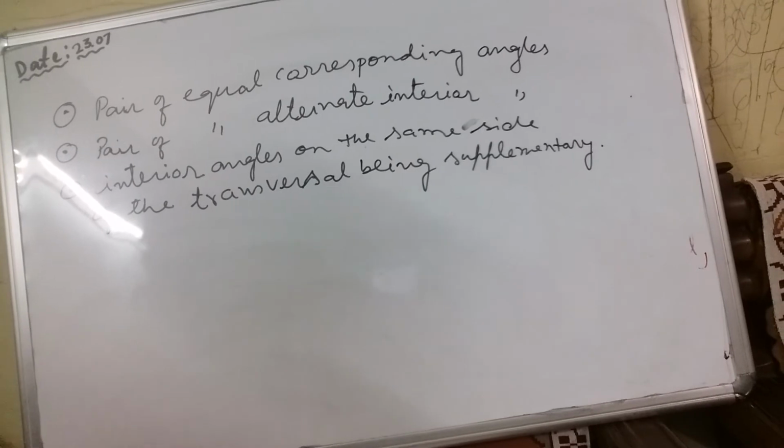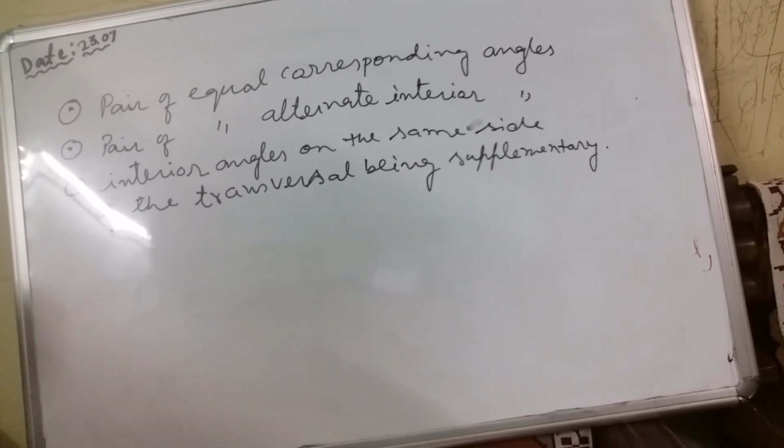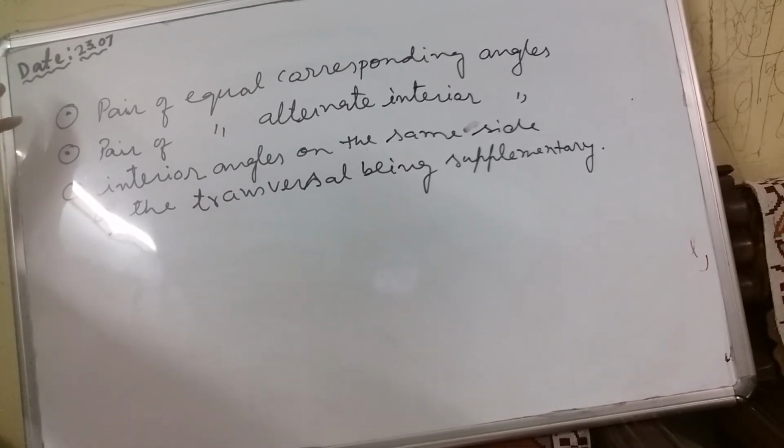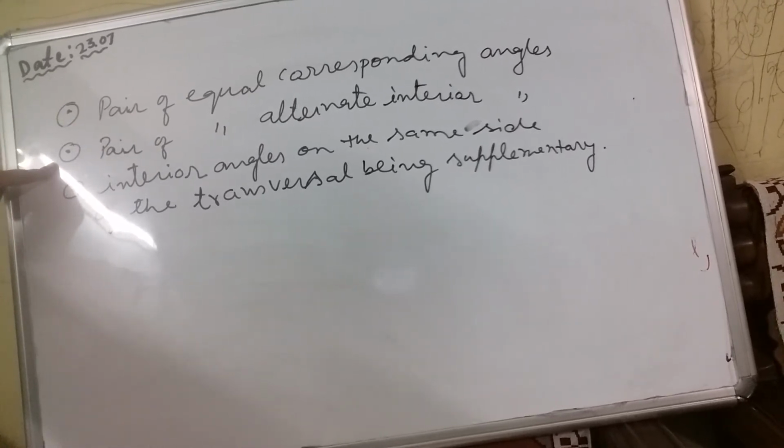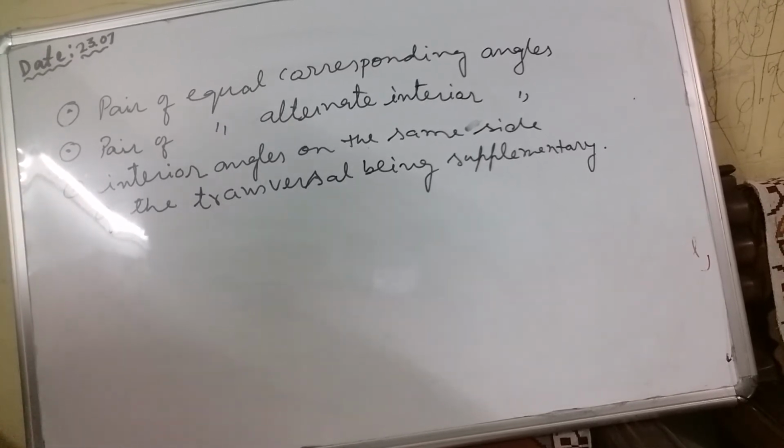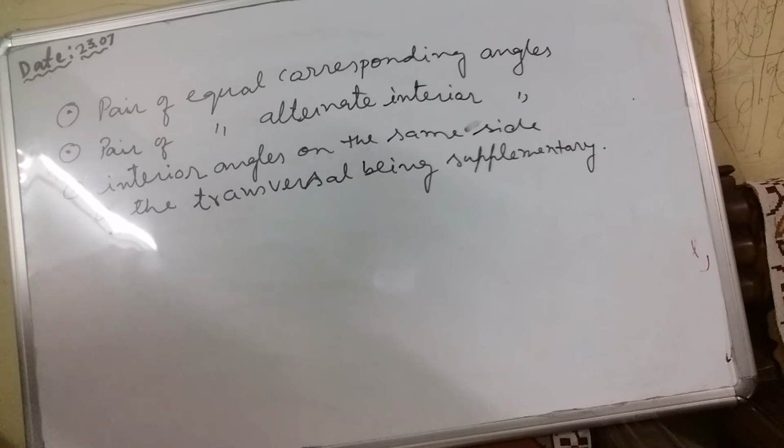If two lines are parallel, then you know that a transversal gives rise to a pair of equal corresponding angles, a pair of equal alternate interior angles, and interior angles on the same side of the transversal being supplementary.